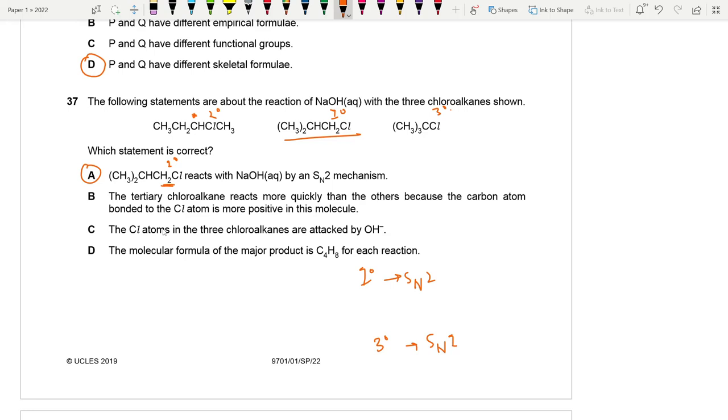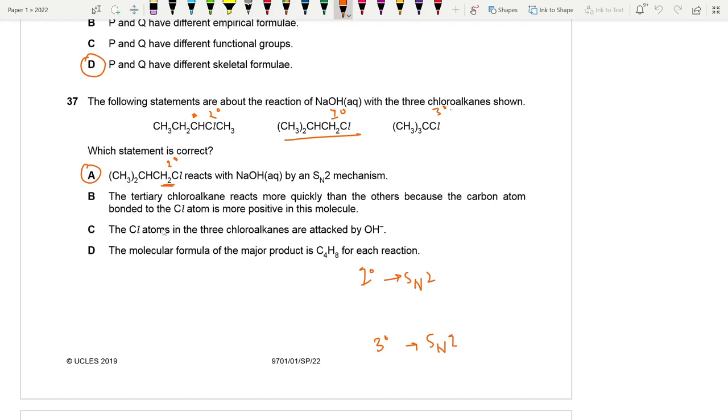The tertiary chloroalkane reacts more quickly than the others because the carbon atom bonding to the Cl atom is more positive. No, it actually reacts more slowly. Do you understand? Because it occurs in 2 steps, and the first step is a slow step. It's much more stable. The Cl atoms in the 3 chloroalkanes are attacked by OH minus. No, the electropositive carbon atom is attacked. The molecular formula of the major product is C4H8 for each reaction.